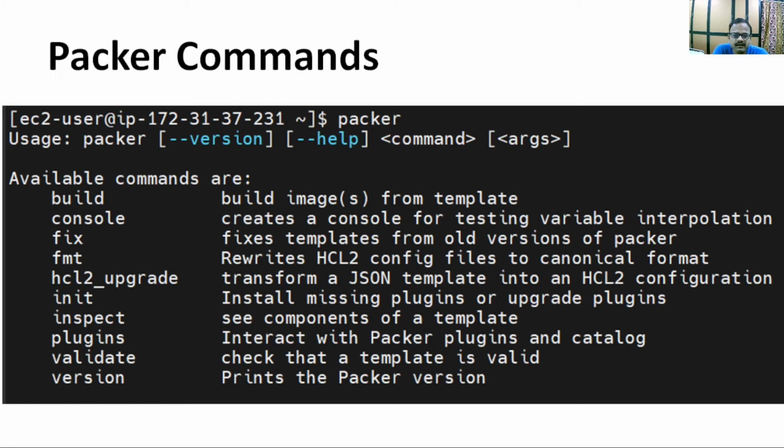If you give packer hcl2_upgrade with the JSON file name, Packer will create one more file with the file name .json.pkr.hcl. In simple terms, whatever configurations were written in the JSON template, Packer is going to create one more file in HCL format. So you can start your configurations from that file onwards.